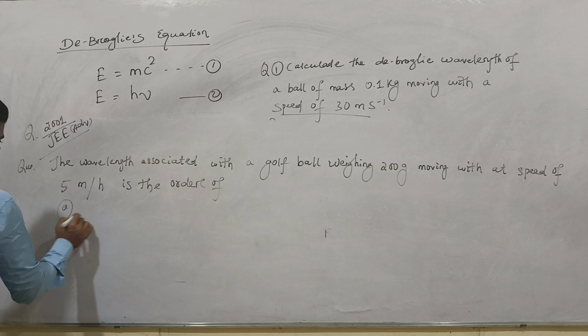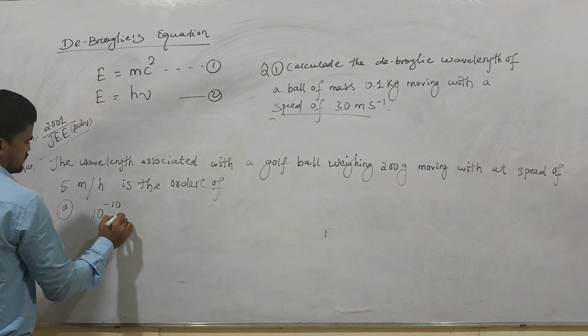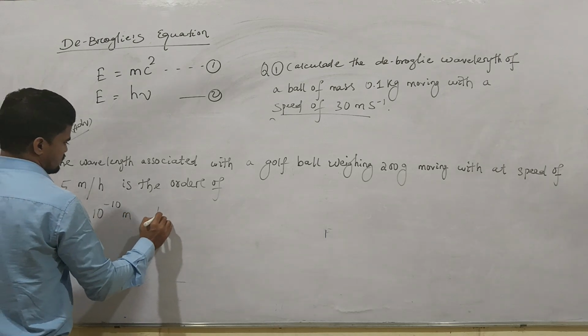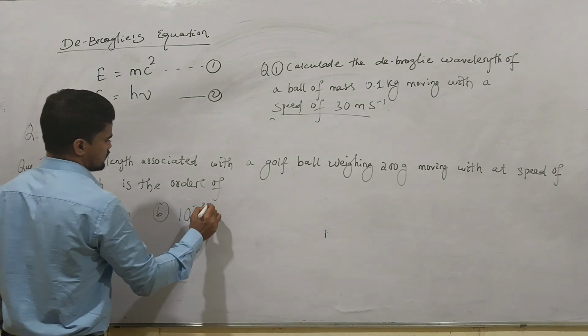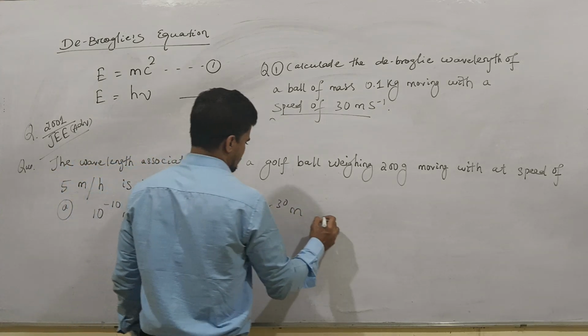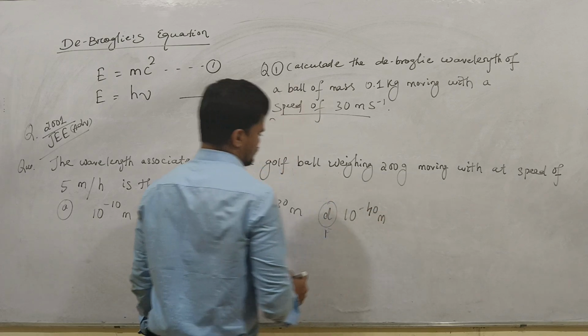The options given: first option 10 to the power minus 10 meter, second option 10 to the minus 20 meter, C 10 to the minus 30 meter, D 10 to the minus 30 meter.